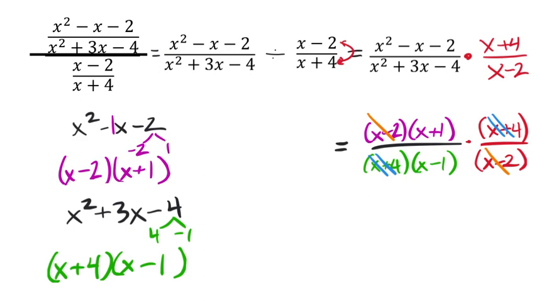Now be careful, because some students see x plus 1, x minus 1, and think they match. It's close. It's just they're not exactly the same. They need to be exactly the same. So this one is going to end up being simplified as x plus 1, try to keep the colors the same, over x minus 1. Now you can put parentheses around those if you'd like, but I think it's pretty the way it is, so I'm going to keep it that way.